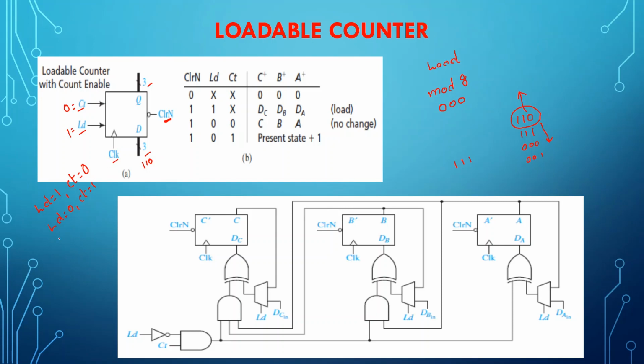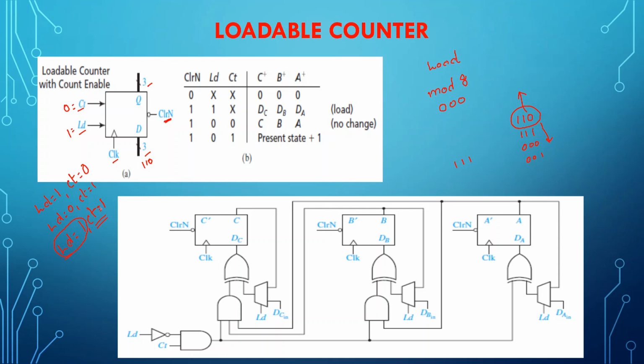Suppose you make load equal to 1 and count equal to 1, then which one should be done? Whether the count has to be progressed or whether the number has to be loaded. My load signal will override the count signal, which means that when both the inputs are high, it is possible to load new data to the counter, whereas the count cannot advance further.